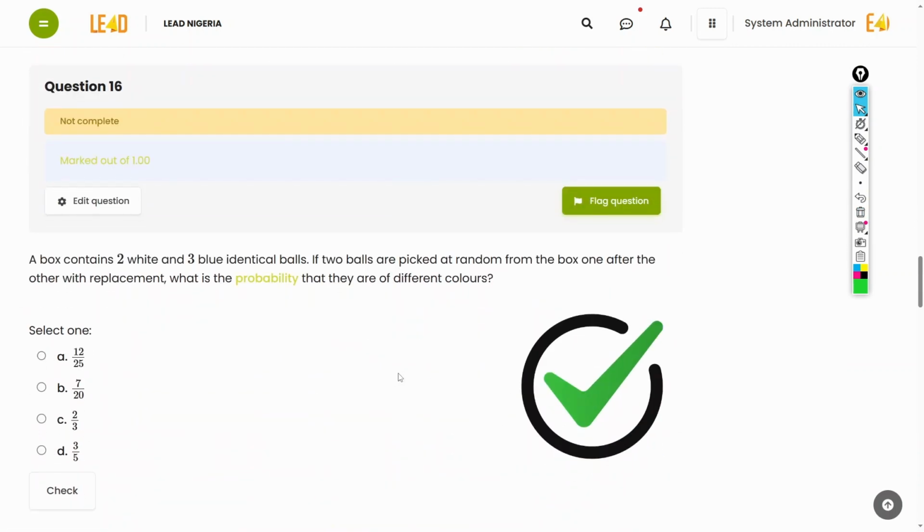All right, 16. A box contains 2 white and 3 blue balls. If 2 balls are picked at random from the box one after the other with replacement, what's the probability that they are of different colors? So 2 white and 3 blue.